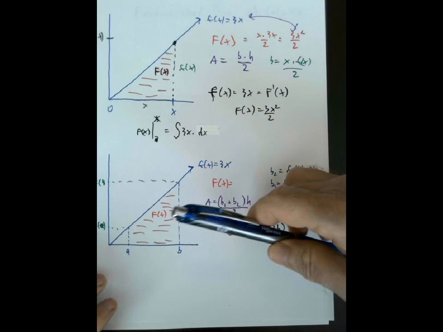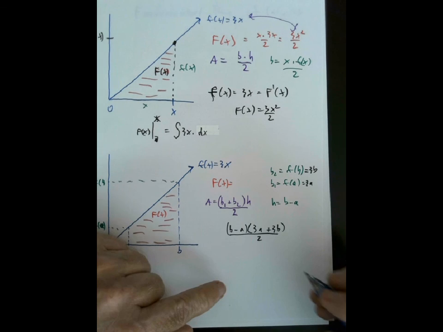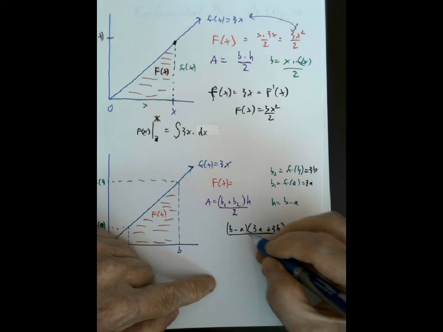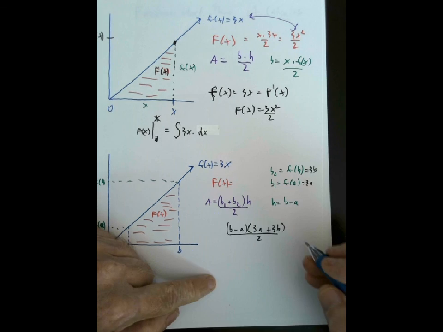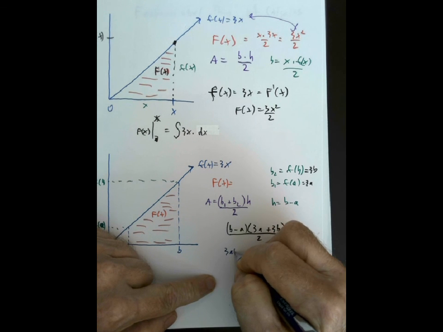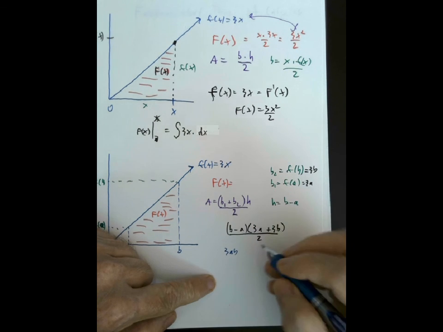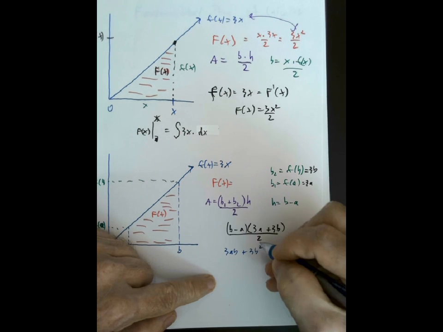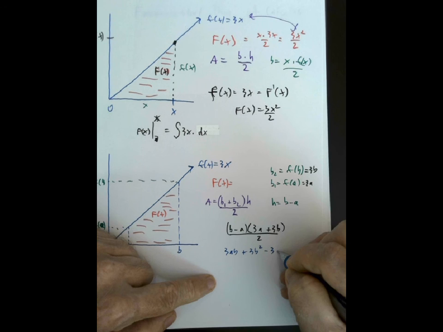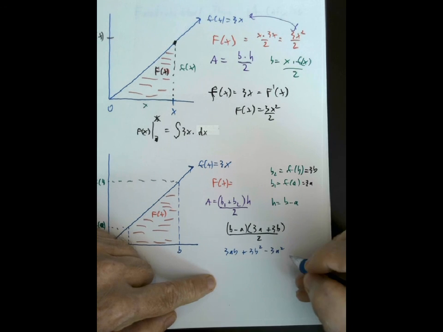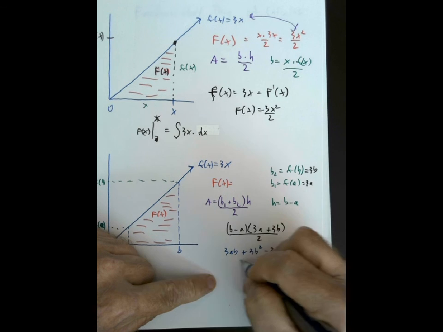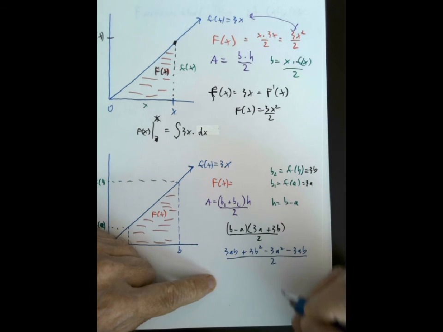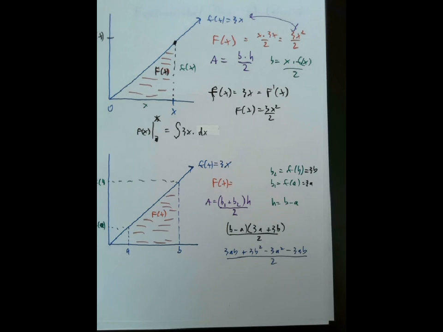In order to simplify that, we're going to FOIL that all together: first, outside, inside, last. That's going to be 3ab plus 3b squared minus 3a squared minus 3ab again, all that divided by 2. So far, so good?